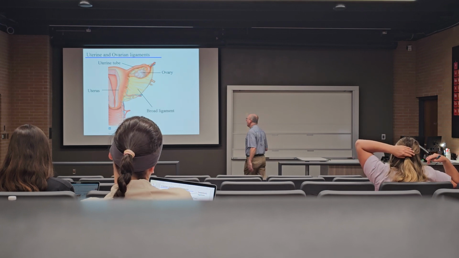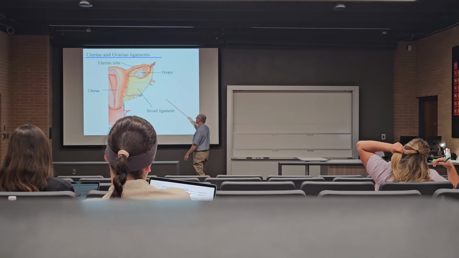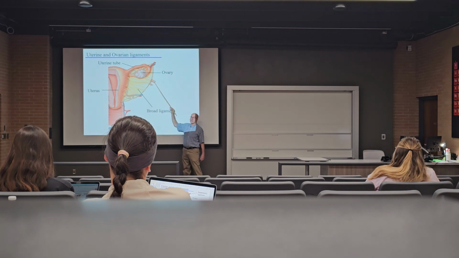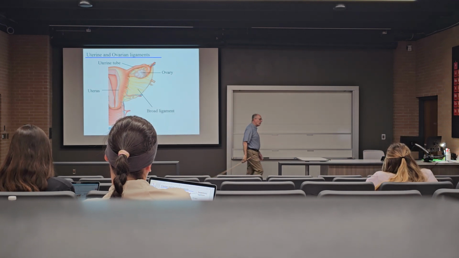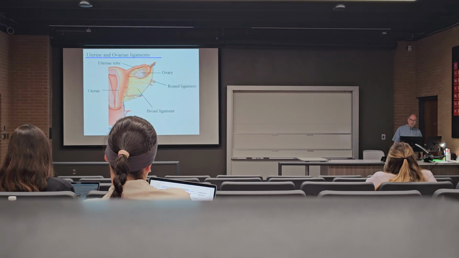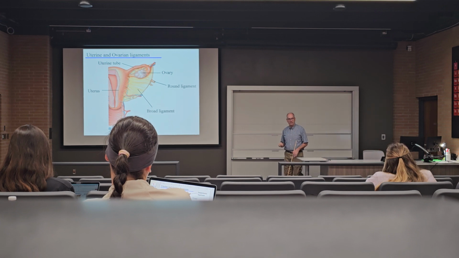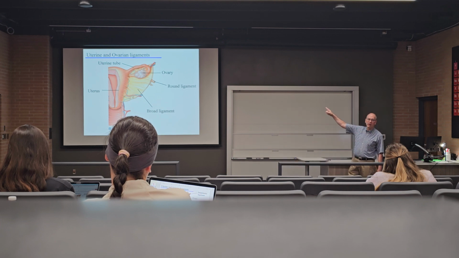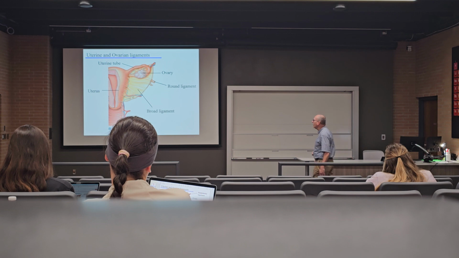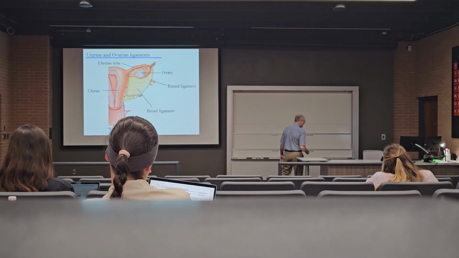Running through the broad ligament, we see this ligament coming across here. This is then the round ligament. The round ligament attaches the uterus into the wall of the pelvis, into the abdominal wall, and helps hold the uterus in place. So again, we have the round ligament, and then the ovarian ligament is attached to the ovary and holding it next to the uterus.